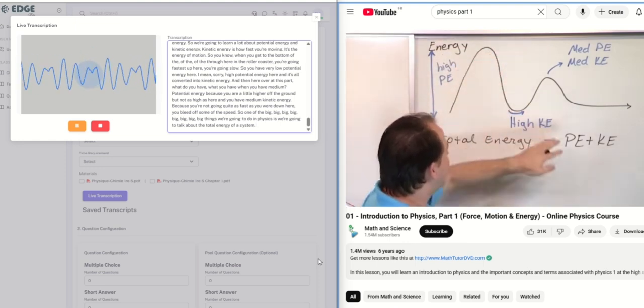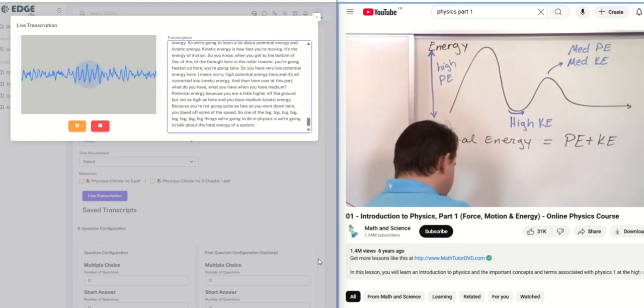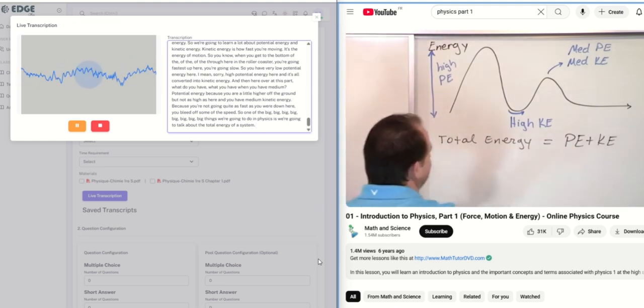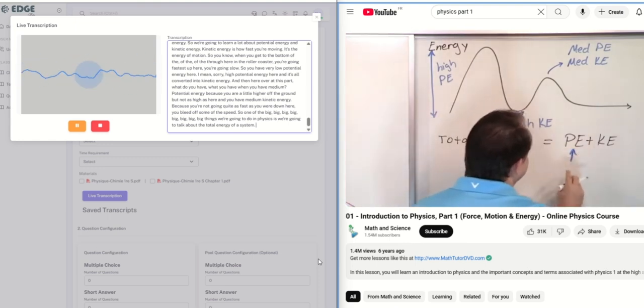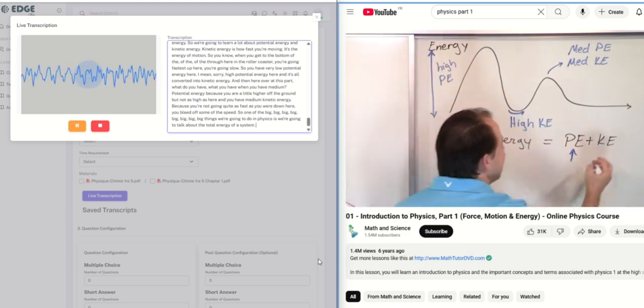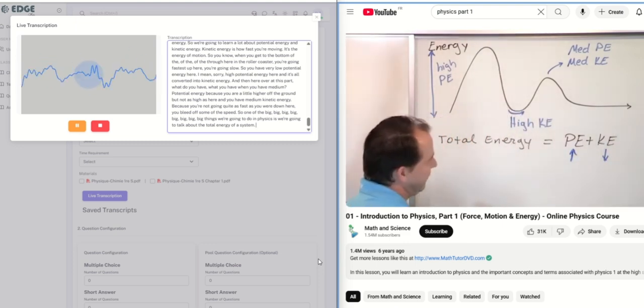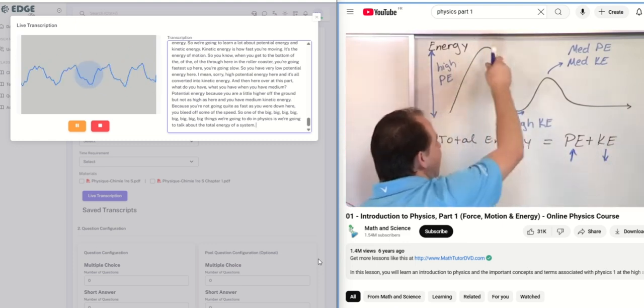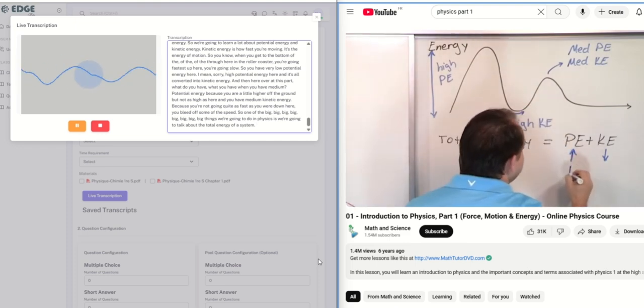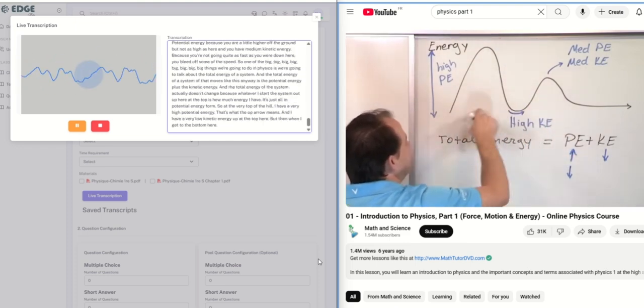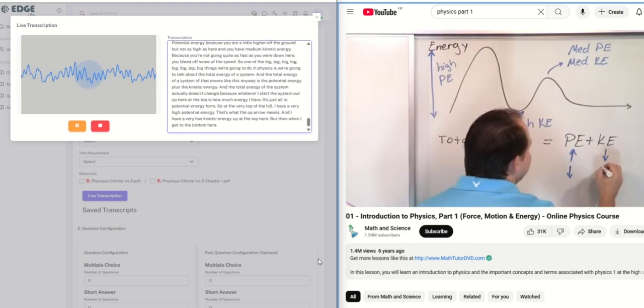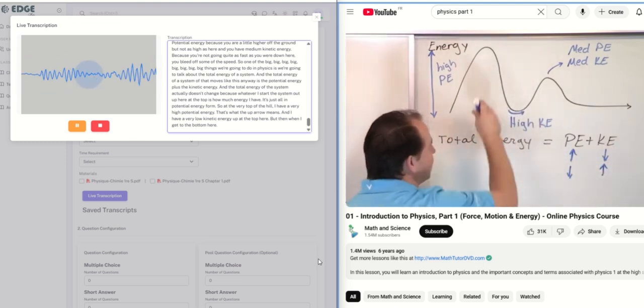It's just all in potential energy form. So at the very top of the hill, I have a very high potential energy. That's what the up arrow means. And I have a very low kinetic energy up at the top here. But then when I get to the bottom here, I have a very low potential energy because I'm basically at ground level. And I have a very high kinetic energy because I'm going really fast.